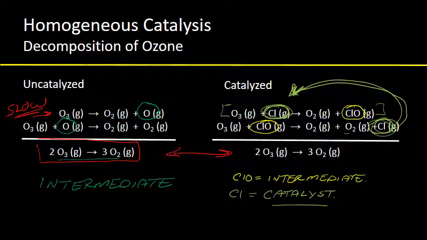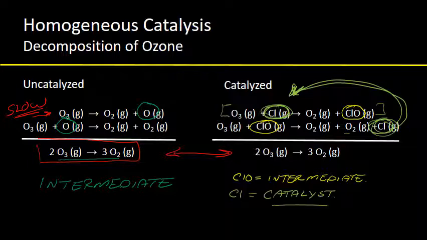So the concentration of ozone will decrease over time, but the concentration of chlorine stays constant, right? That's one of the properties of catalysts, that a small amount can catalyze a large number of reactants. If it's a process that you want to happen, that's a good thing, right? If it's a process you don't want to happen, like the destruction of ozone, then that's a real problem, right?